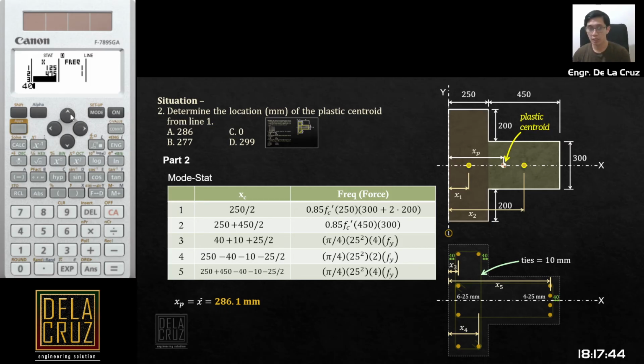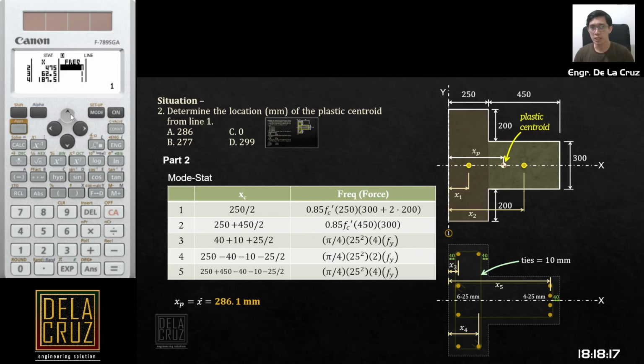Next is 40 plus 10 plus half of 25 mm. Row 4: 250 minus 40 minus 10 minus half of 25 mm. Last one: 250 plus 450 minus 40 minus 10 minus half of 25 mm.